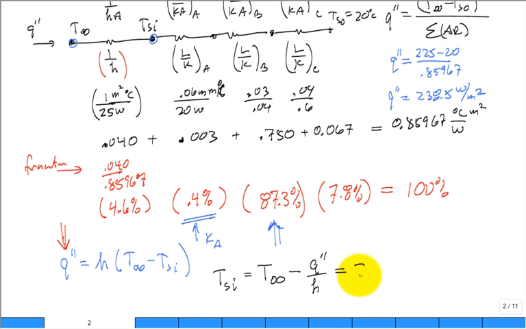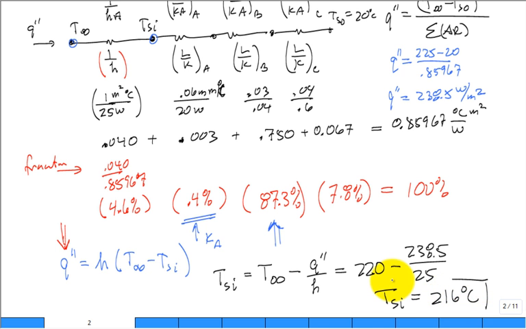So it starts at 220. We subtract off the flux, 238.5 watts per meter squared, and divide by h, which was 25. And we find that the temperature of the surface on the inside is a whopping 216 degrees C.